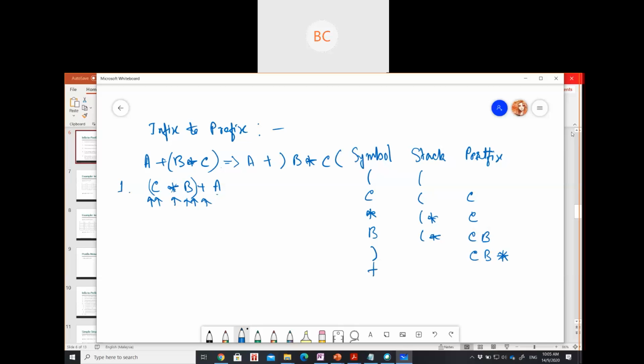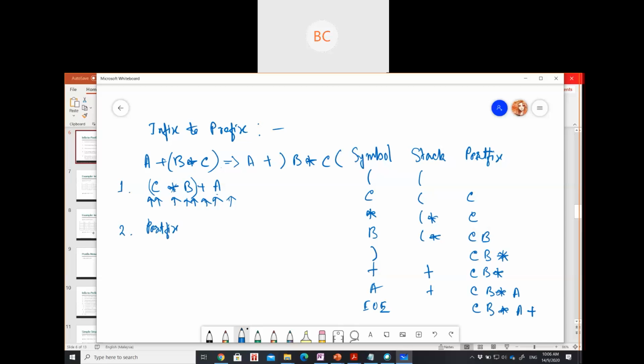So we will push it into the stack again, and this will remain same. Move again. Here we have A, and we will put it into our postfix. So next we move again, and there is nothing left to read. So this is the end of the expression. So what you will do, the remaining symbols you need to pop out. So you will simply pop out this plus symbol. Correct? So this is our postfix expression.